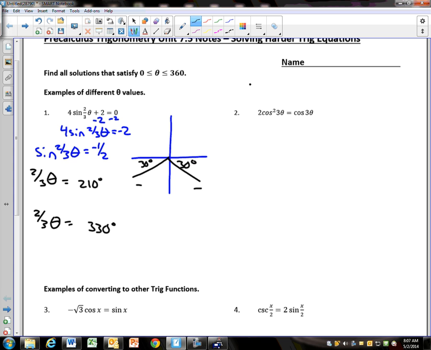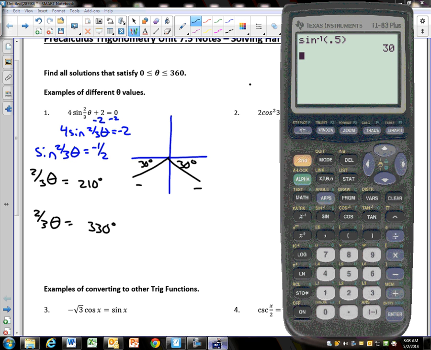So we still haven't got rid of that 2/3. Now I could get rid of the 2/3, right? Multiply by 3/2, right? So 210 times 3 divided by 2. Is my answer between 0 and 360? Nope.